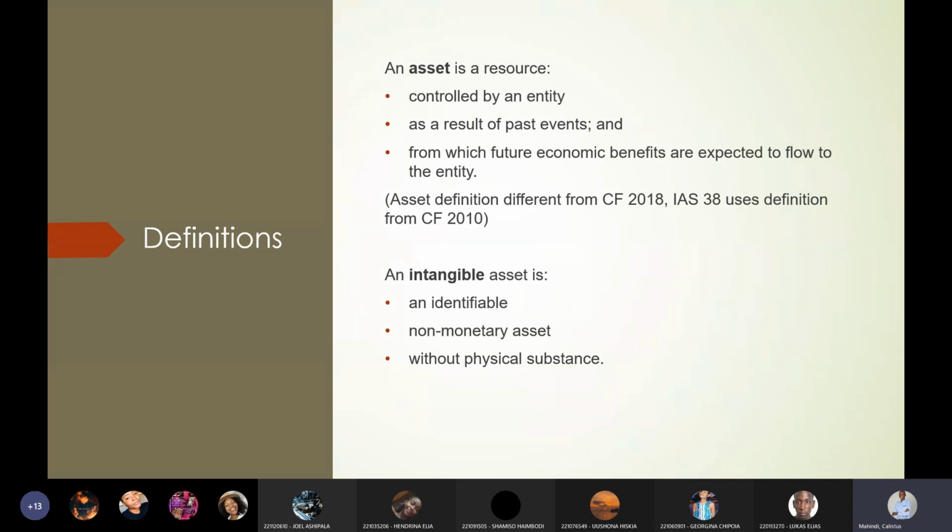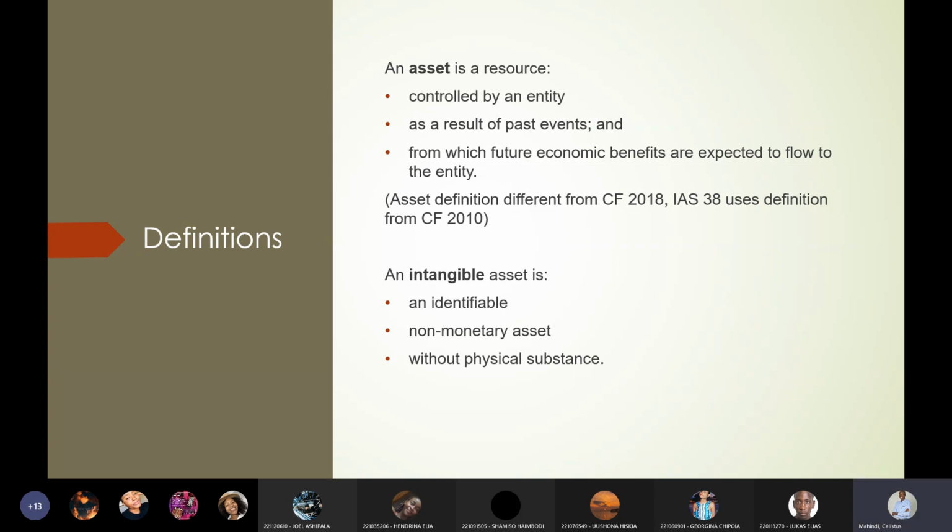It doesn't use the 2018 definition. So the 2010 definition says an asset is a resource controlled by an entity as a result of past events and from which future economic benefits are expected to flow to the entity.